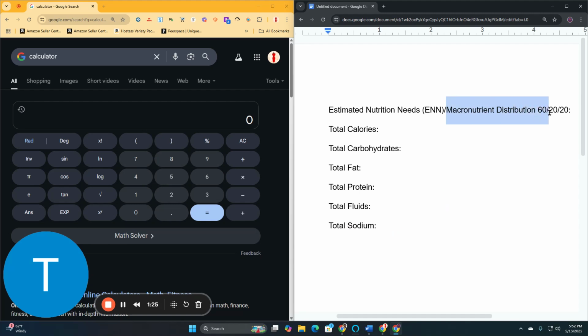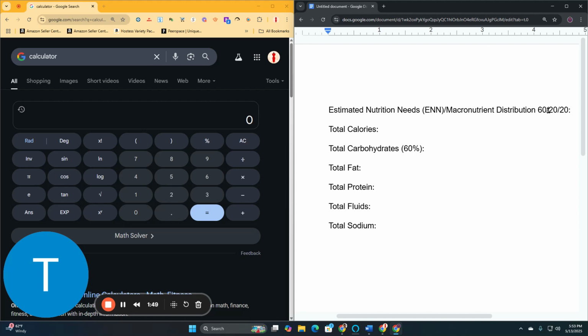Macronutrient distribution is the percentage of each of the macronutrients that makes up the calories. These are percentages and they must equal 100. The first number is almost always carbohydrates.